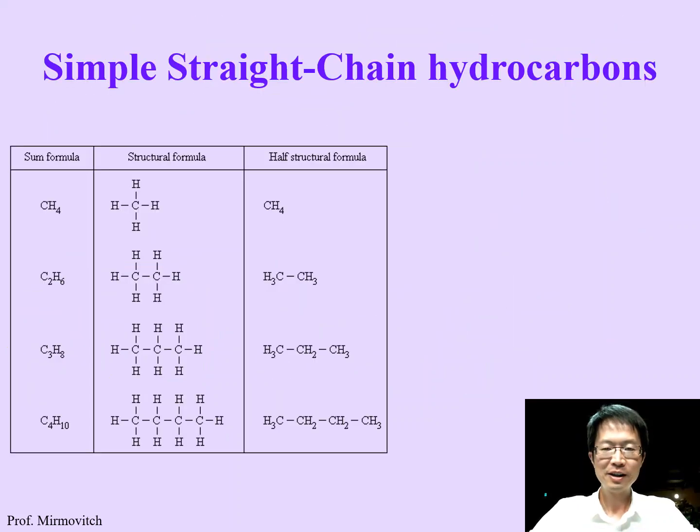So here are some examples of a simple straight chain hydrocarbon. The first one, as you remember, is 1 carbon that forms 4 covalent bonds with hydrogen. If you remember from previous slides, we call that methane.